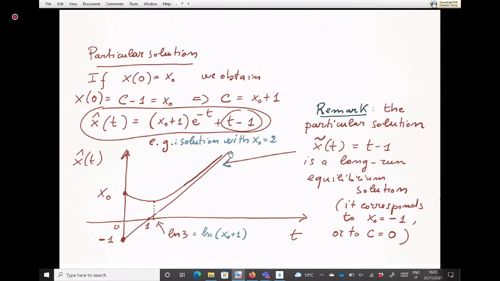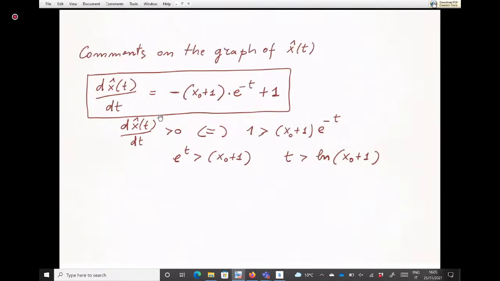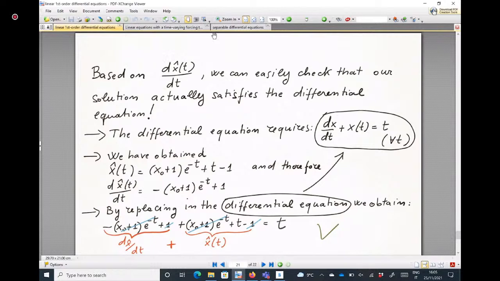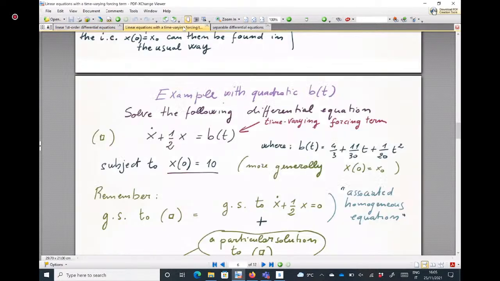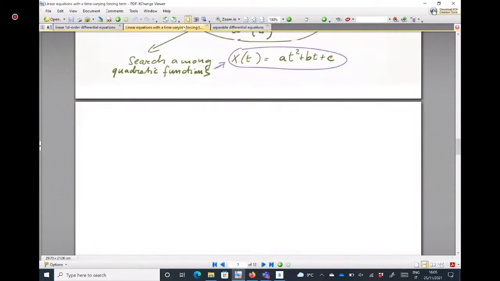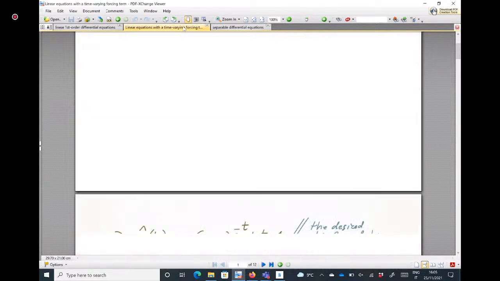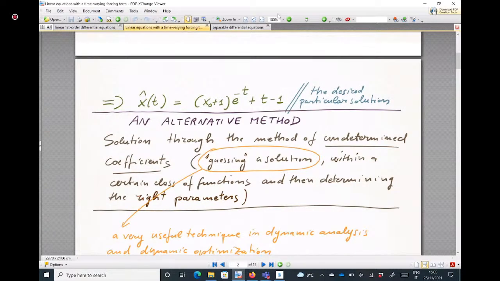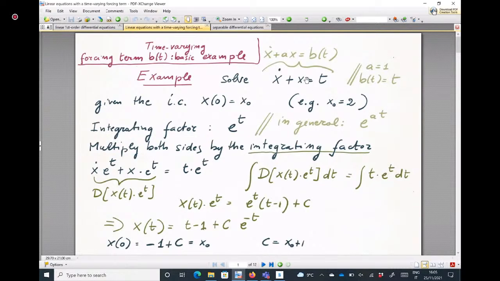How did we find this solution? I can show you the method of undetermined coefficients applied to this case. It must be in the next set of slides. Otherwise, we will try to solve it here directly. Okay, here is the equation that we want to solve: x dot plus x is equal to t.